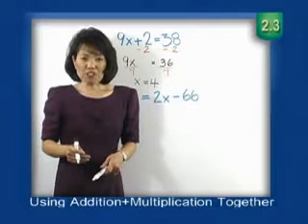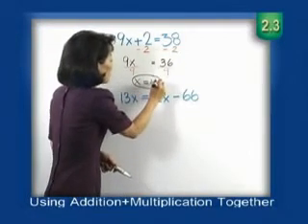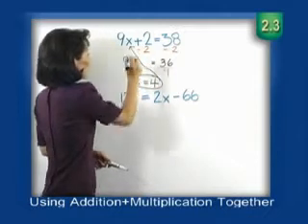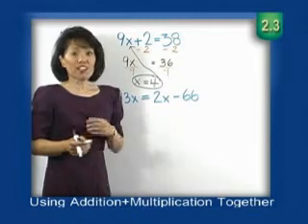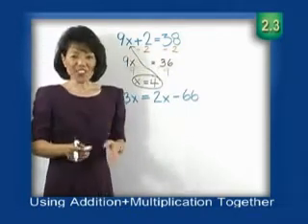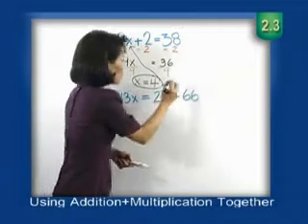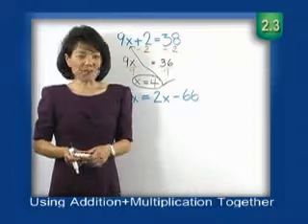Now if you're unsure of yourself at the beginning, you can always take your solution here, substitute it back into the original equation and check. 9 times 4, 36. 36 plus 2, 38. And the check works. So we can be assured that x is equal to 4 in that first equation.